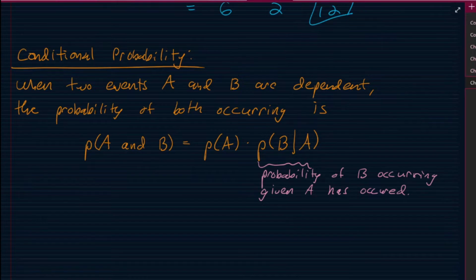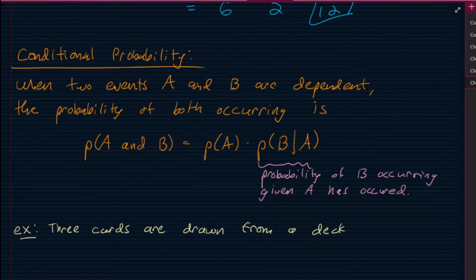So let's look at an example. 3 cards are drawn from a deck and not replaced. Find the probability of, so let's ask a couple of things.